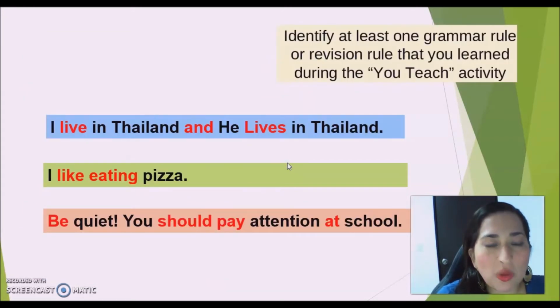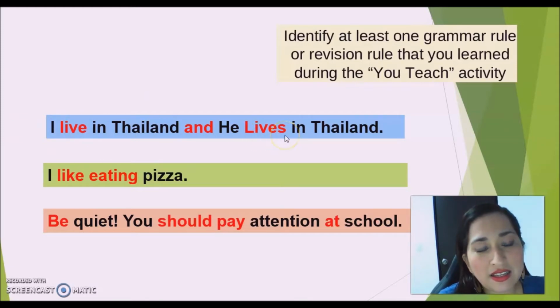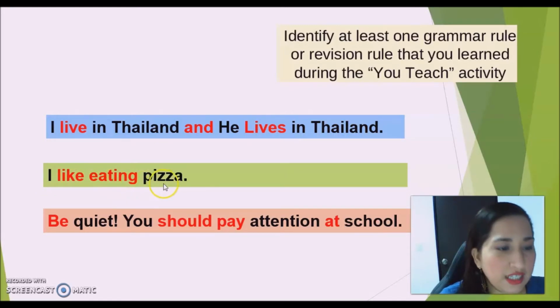For example, in this slide we have three sentences, and I wanted to identify some of the grammar rules that you had learned during your school time. Number one is I live in Thailand and he lives in Thailand. Number two, I like eating pizza.